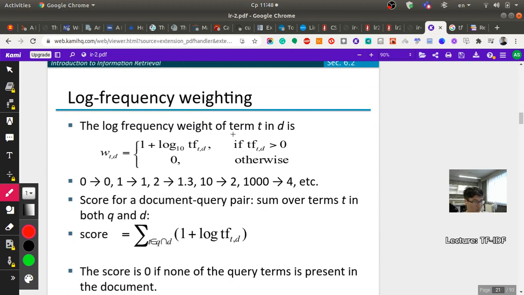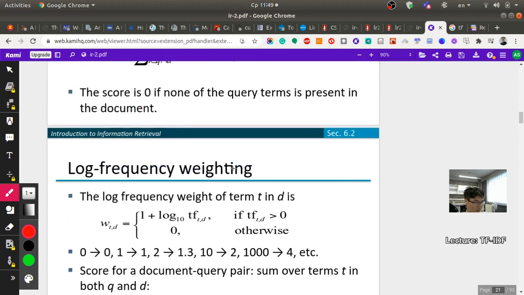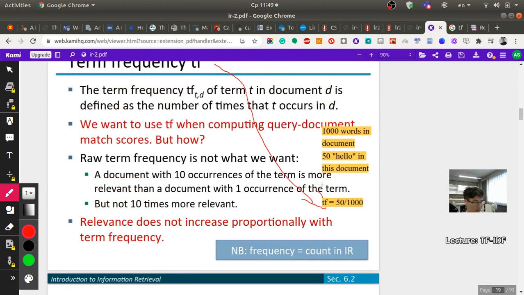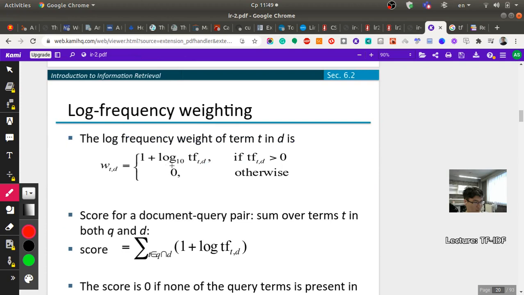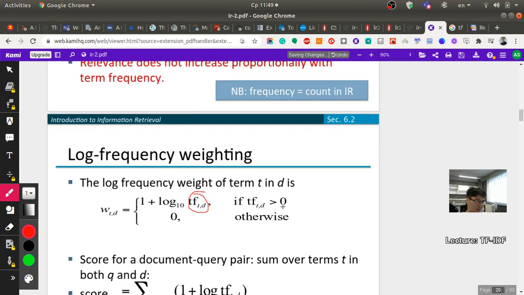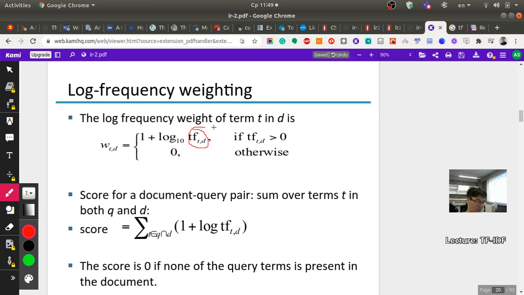Why do we do this? Because, for example, 0 will go to 0. It is not only term frequency, but how many times the word is there in this document. In this case it will be 50. To calculate this one, you do 1 plus logarithm of 50, if it is more than 0; if it is 0, the weight will be 0.